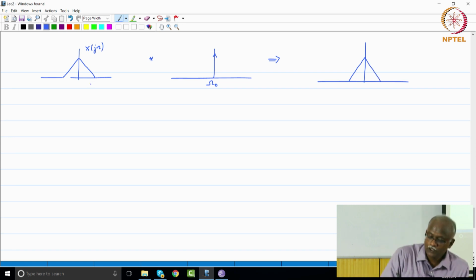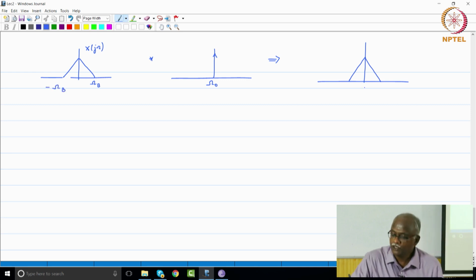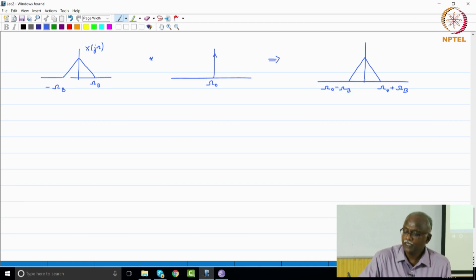So, if this is omega b and minus omega b, then after convolution it becomes omega naught plus omega b, omega naught minus omega b, with omega naught as the center frequency. So that is the basic convolution property.